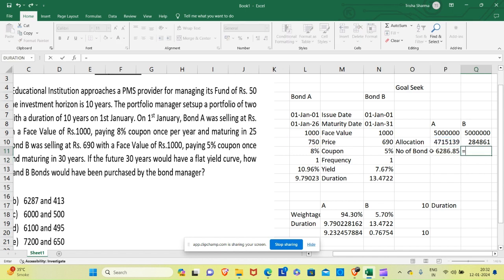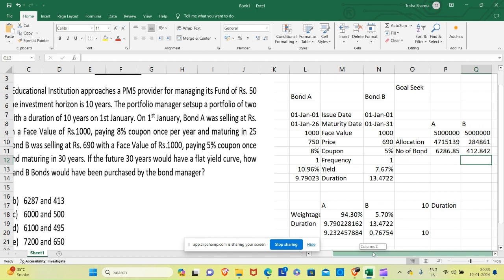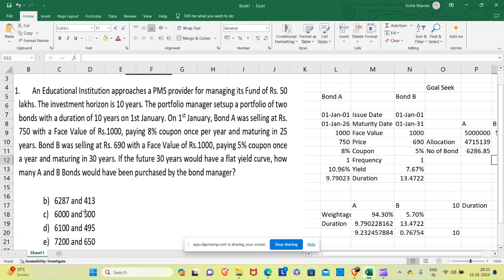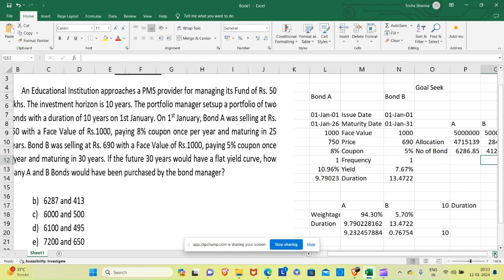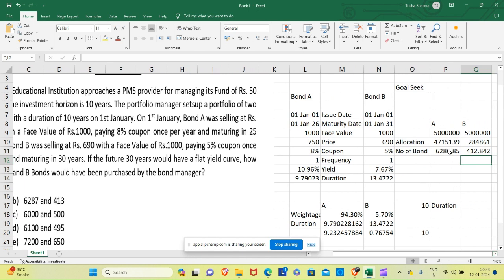And then this value divided by the price of the bond B, which is this much, and you get 412.84. So what is the answer that you will select? You will select the answer which is very clear: 6287 and 413. So the answer for this question will be A, because these are the bonds that you need to buy.